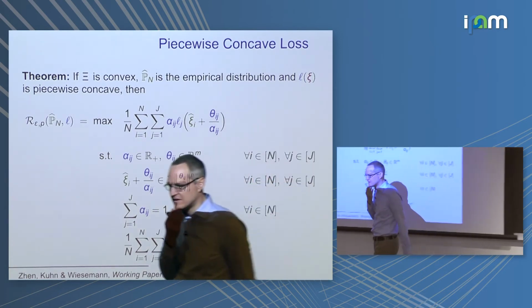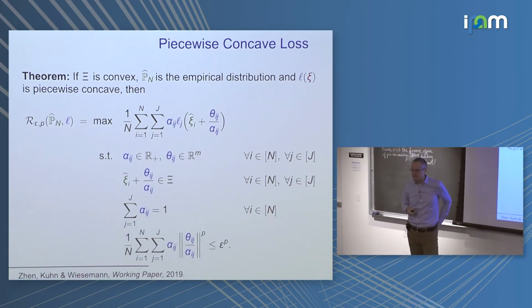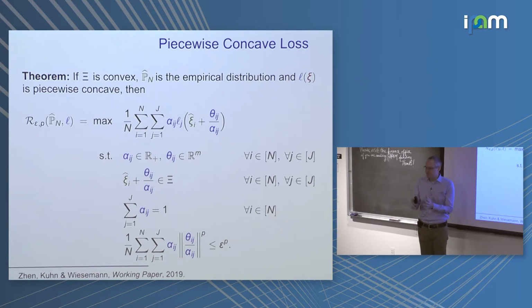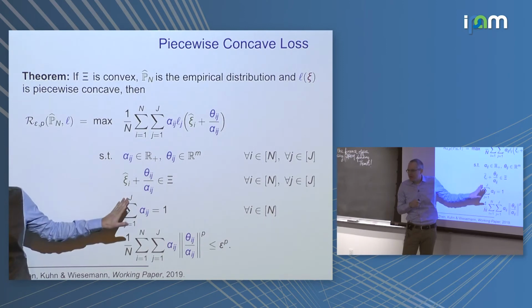Maybe just a quick question, but is it possible to see that this worst case distribution is always going to lie close to the boundary of this epsilon ball? If the radius is small, of course, you should expect that this will be on the boundary of the ball.